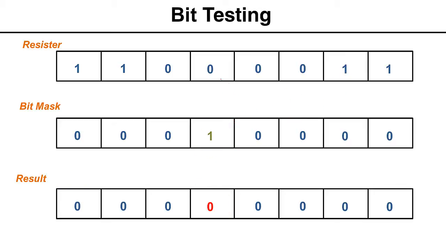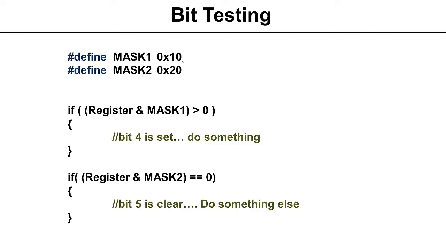Now, in this case, the bit isn't set. And we check with our mask, and we say, is the result equal to 0? All right, there's another C shorthand, but for now we're just going to look at equals. Now in C, to test equality, you need the 2 sets of equal signs. So let's say we have a bit here at bit 4 and one at bit 5.